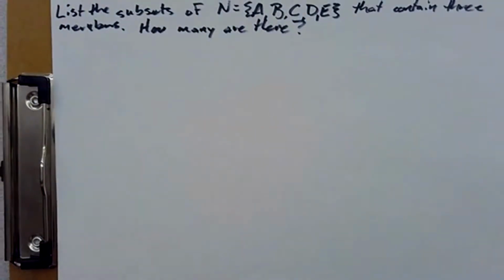Here we are asked to list the subsets of the set A, B, C, D, E that contain 3 members. And we want to know how many there are.